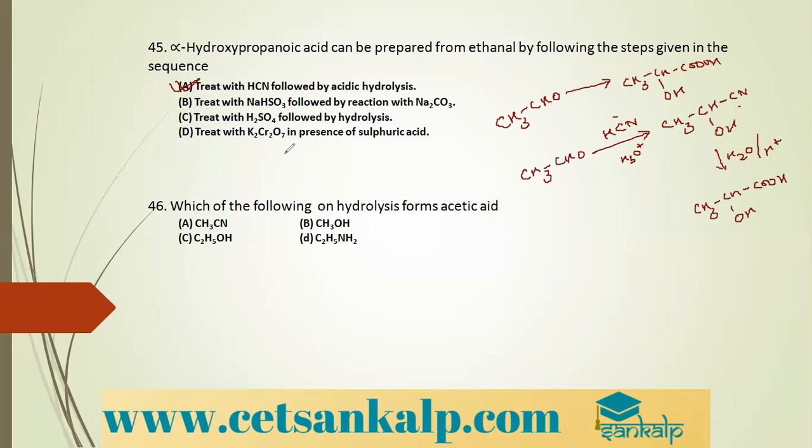Okay. Next question. Which of the following on hydrolysis forms acetic acid? The same question that we have discussed here. So cyanides on acid hydrolysis form acetic acid. So it is option A, CH3CN. When you subject it to acid hydrolysis, either I can write it like this or H2O, H plus, what we get?